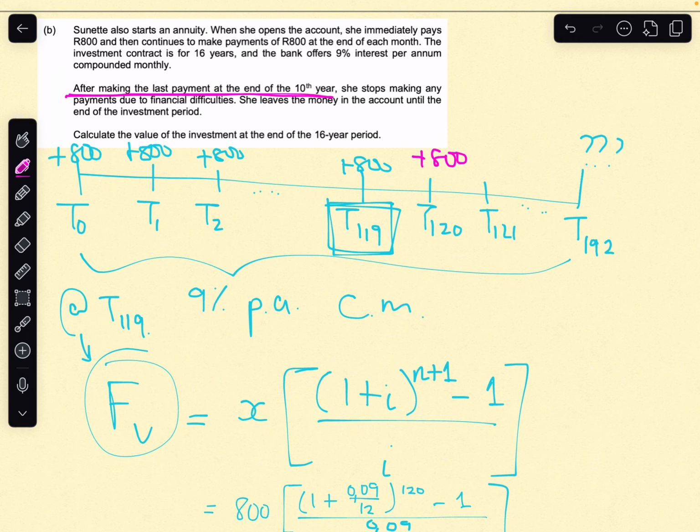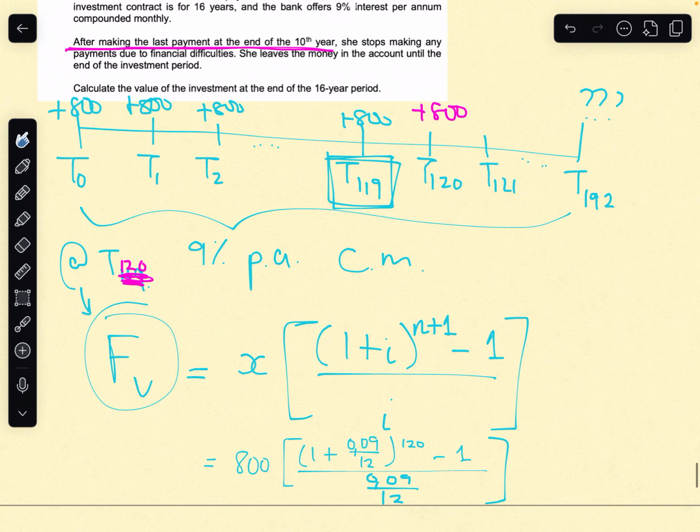So we want to find the value of the annuity at T120. This is after she's made that last payment. So then it's not just the 120 payments that have been made. Remember that there's also that initial one that was made. So this would be 121 payments.